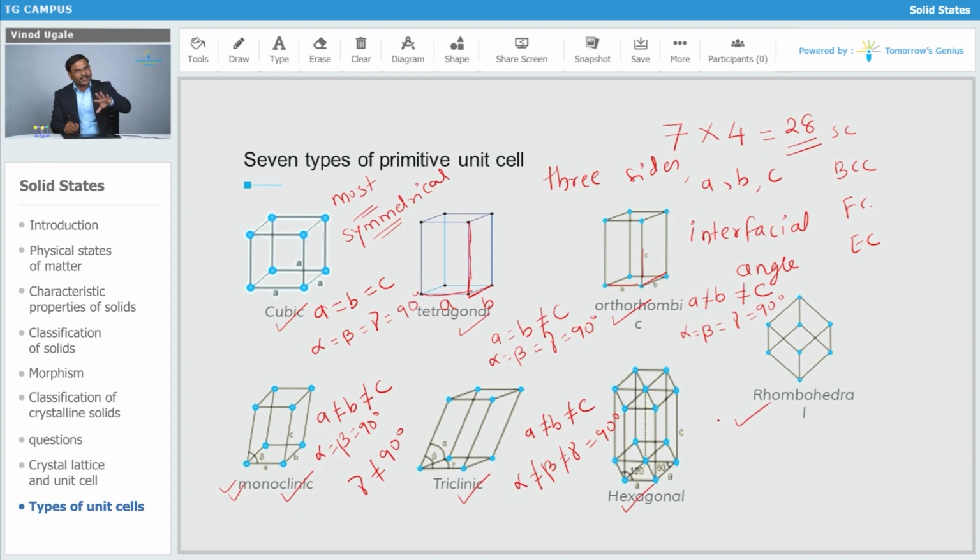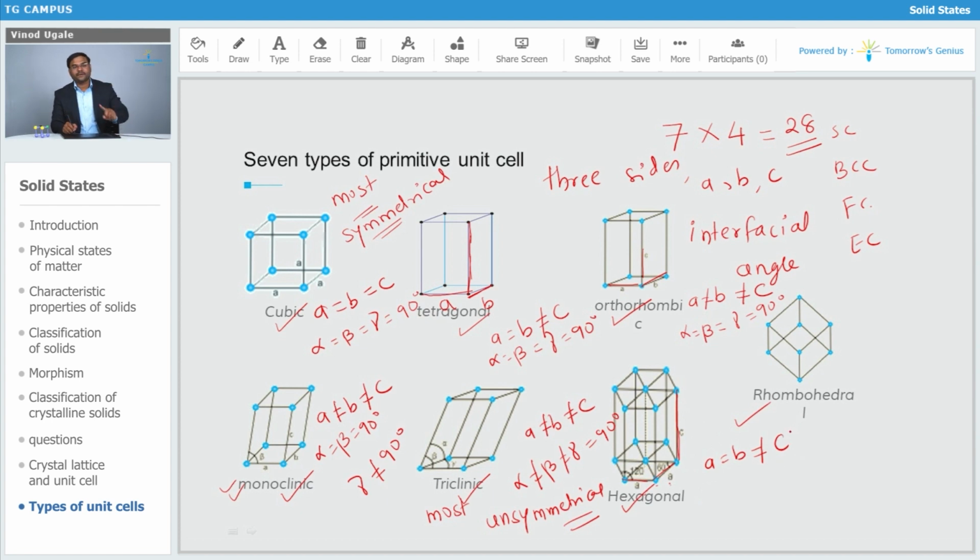Cubic is the most symmetrical, so we can say that triclinic is going to be the most unsymmetrical crystal system. Now in case of hexagonal, these two sides, A is written over here, are going to be the same. Two sides are the same, but the third one, this one which is longer, is not equal to the other two sides.